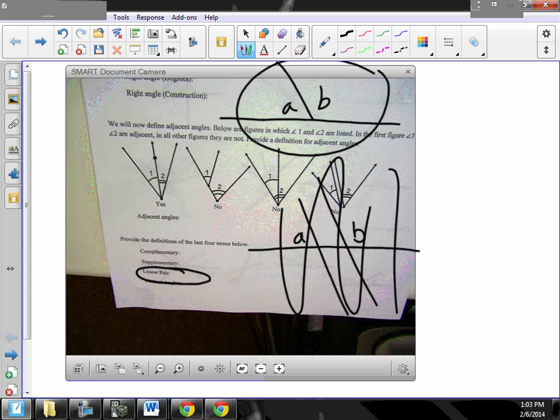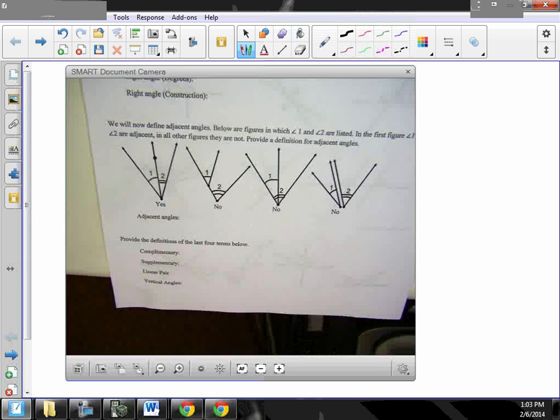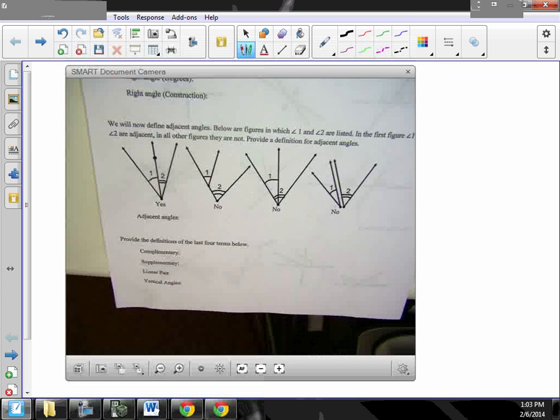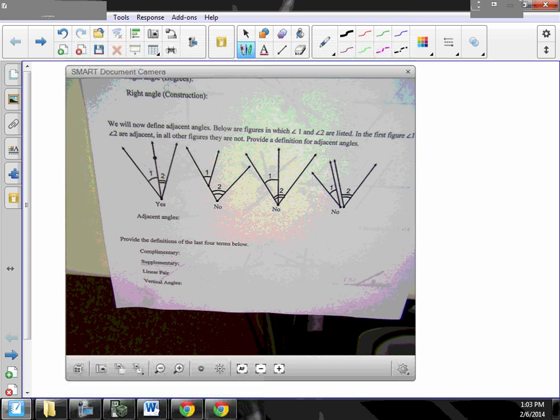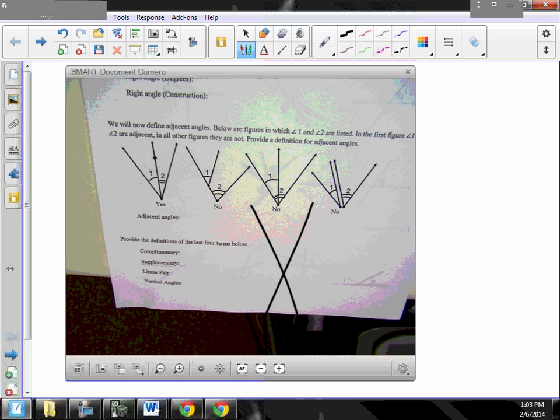Okay, the last one is vertical angles. What does it mean to be vertical angles? Can I give you a hint? Which angles are vertical? The ones opposite.